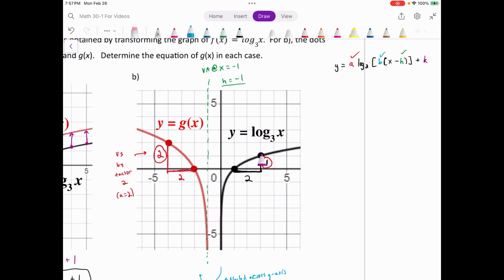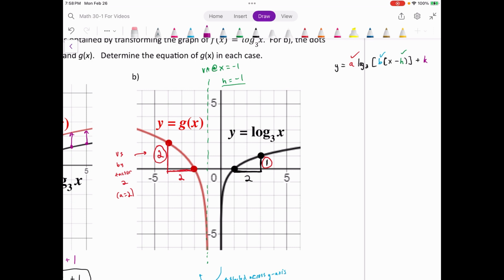We would multiply the y value by 2, then multiply its x value by -1 to put it here, and then horizontally translate it 1 unit left to end up there. But it hasn't been moved up or down. It's probably even easier to think about with this one, because this point would be invariant to the vertical stretch, because its y value is 0. So multiply it by a, and it's still at 0. Horizontally reflected across the y-axis, and then translated 1 left, but no movement up or down.